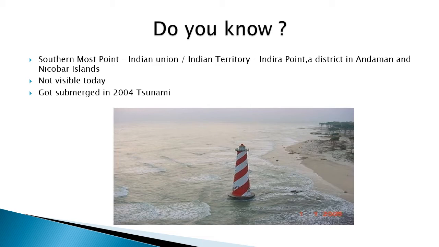But in case a question asks to mention the southernmost point of Indian Union, then you will mention Indira Point. Understood? So there are two southernmost points: in terms of mainland, it will be Kanyakumari, and in terms of Indian Union, it will be Indira Point.